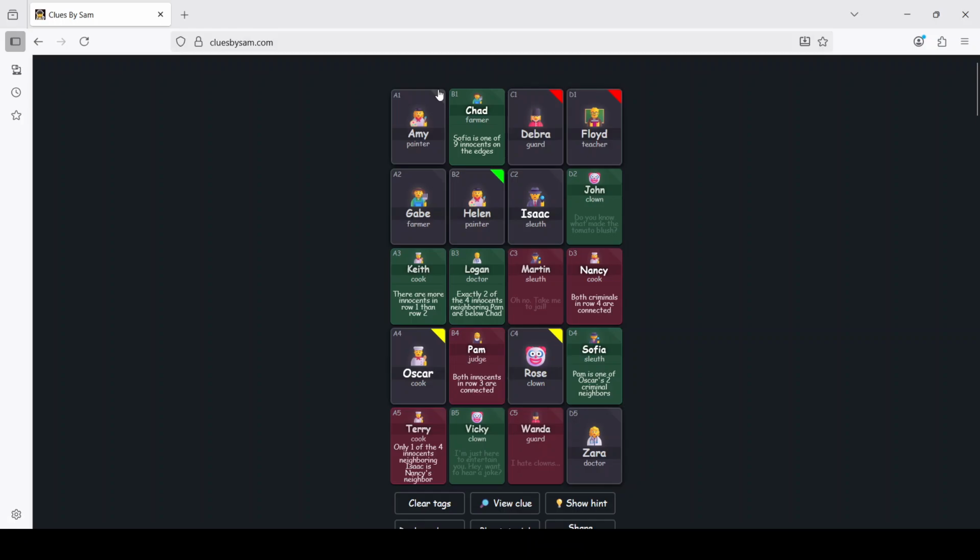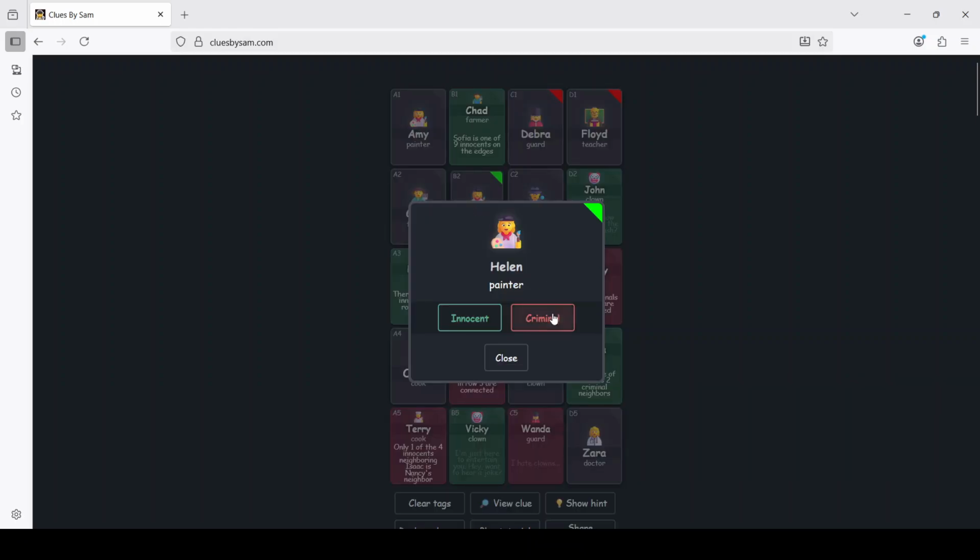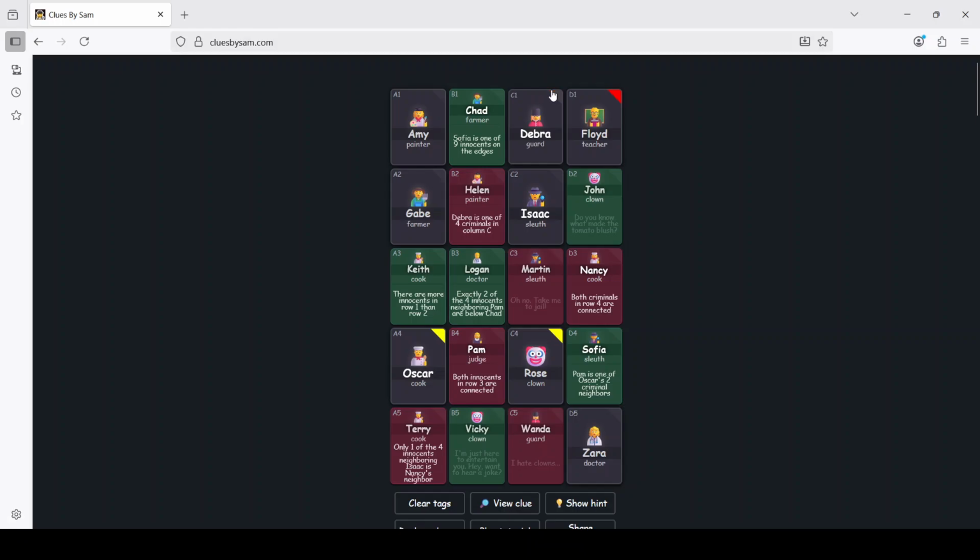Oh, actually, that's the faster clue here, because even if Amy was innocent, that would not give us more innocents in row 1 than row 2. So Helen can't be innocent. Helen has to be a criminal. I was thinking too far ahead.